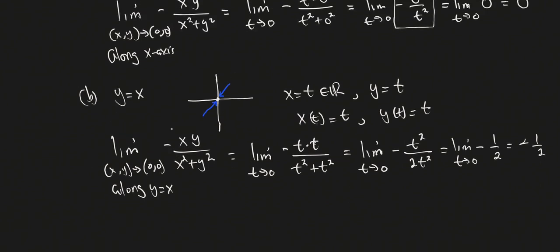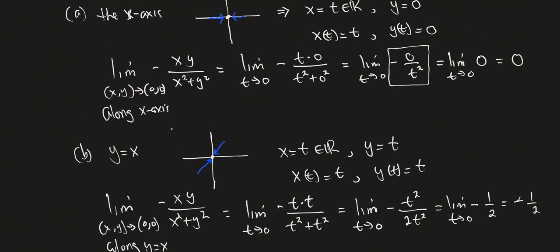If we are able to find two different paths that take us closer and closer to the same point, in this case the origin, and those two paths produce two different values, so along the x-axis our function approaches 0, along the line y equals x, as (x, y) approaches the origin, the function approaches negative 1/2. And because these two numbers are different, we say that the limit does not exist.